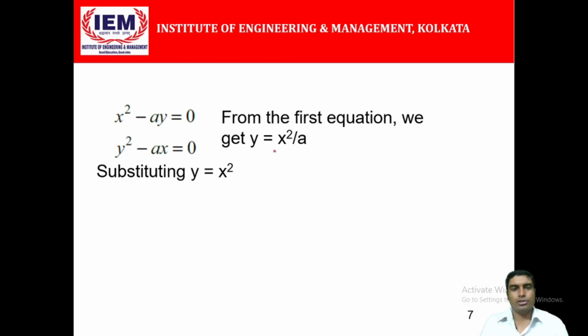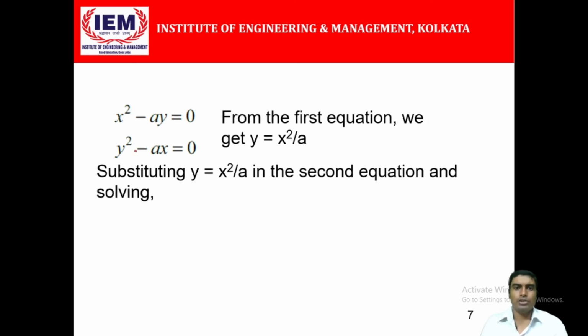And if I substitute this in the second equation, then I will get x to the power 4 by a square, and negative of ax.